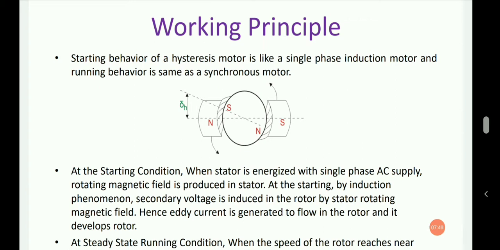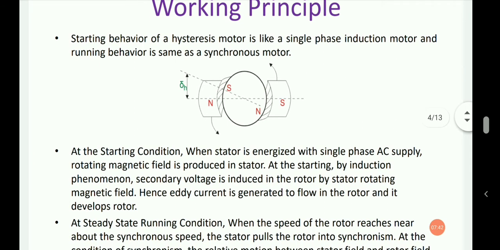At the starting condition, when the stator is energized with single phase AC supply, a rotating magnetic field is produced in the stator. To maintain this rotating magnetic field, the main and auxiliary windings must be supplied continuously at start as well as in running condition.